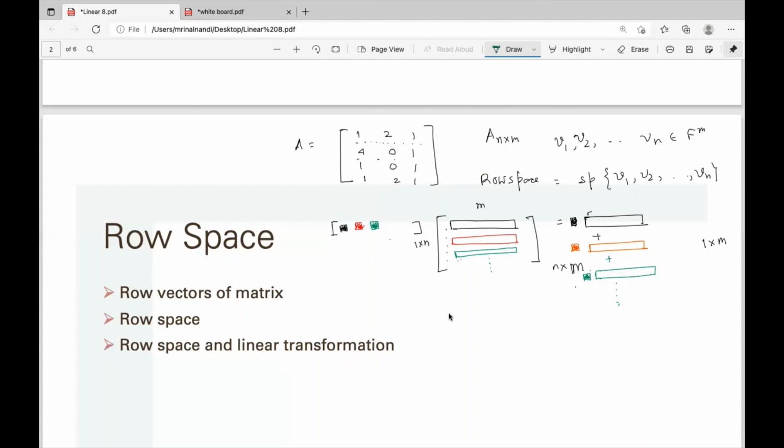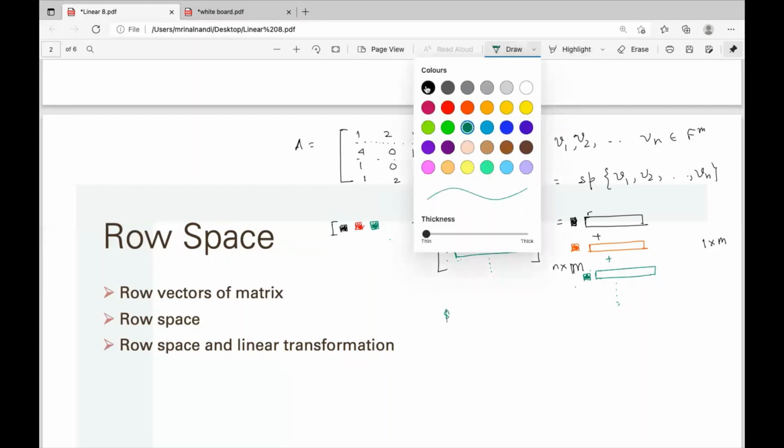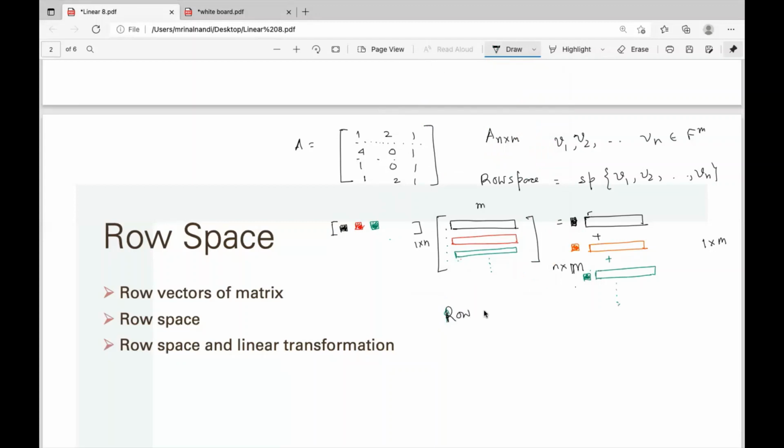That means the row space of A is the collection of all such xA, where x is a 1 cross n vector, any vector in Fn.